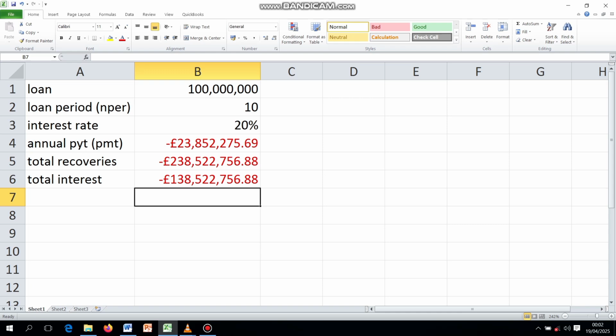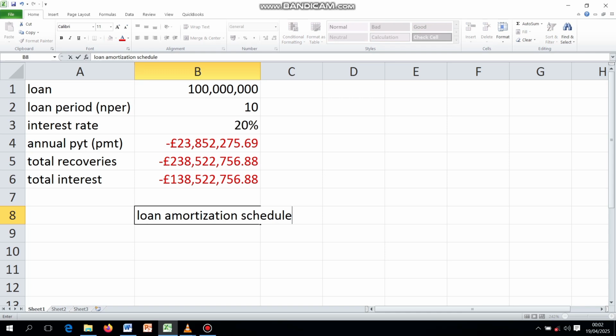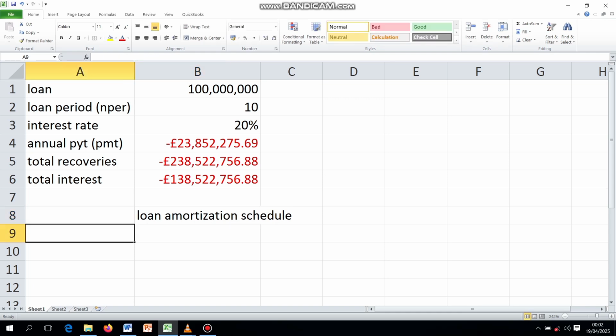After getting those, I will then go to the loan amortization schedule. Here, initially, I'll begin with the current year, since the year has not yet passed in which I've got the loan.